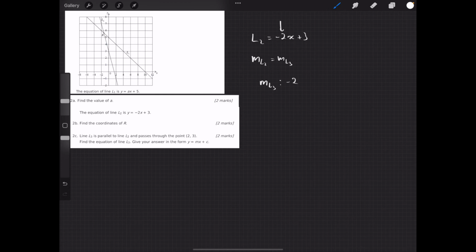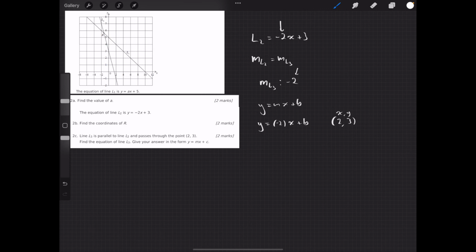Line L3 is parallel to L2 and passes through the point (2, 3). Okay. Equation of a line, y equals mx plus b. We know the slope is negative 2, so we have y is equal to negative 2x plus b, and they have a coordinate point for us, (2, 3): x is 2, y is 3.